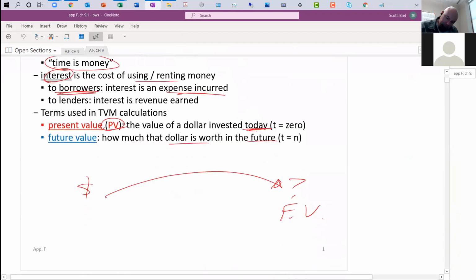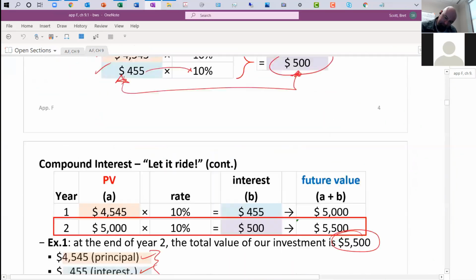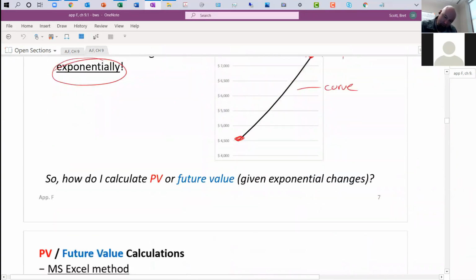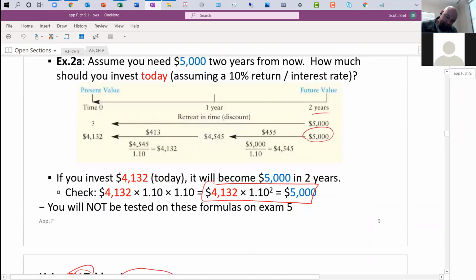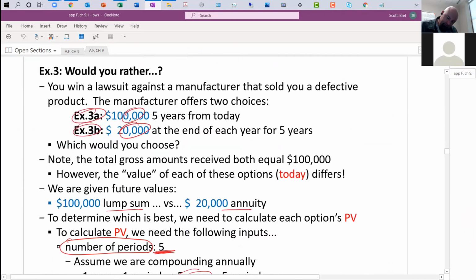Yeah, so let's see here. Right when we went semi-annual, it was a bigger number, right? Yeah, and that's the reason why.